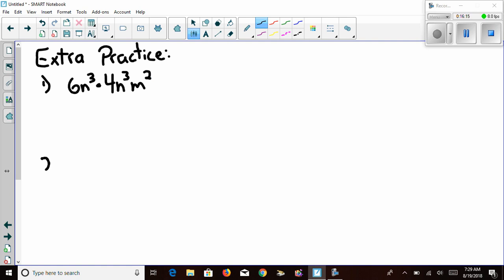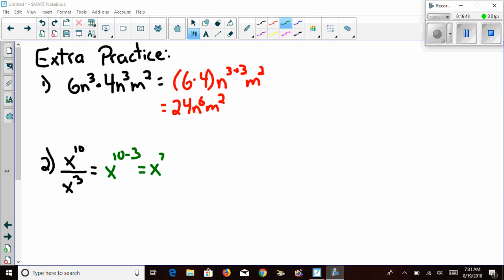And the second one will be x to the 10 divided by x cubed. All right, pause the video and try these out for yourself. And here are your solutions.